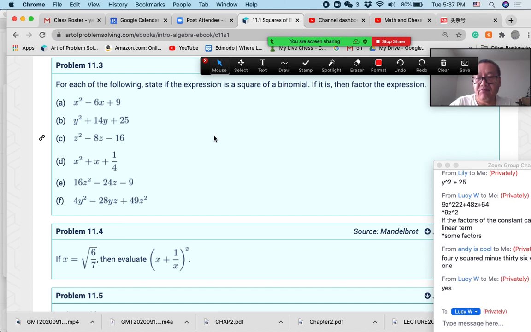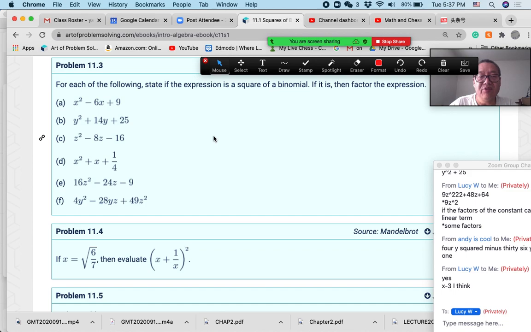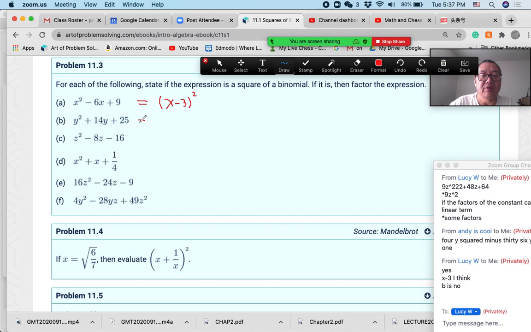Okay, you're right. Then you need to write, what is that? Yes. Okay, very good. This one you can write, this one is x minus 3, parentheses, square. Okay, very good.